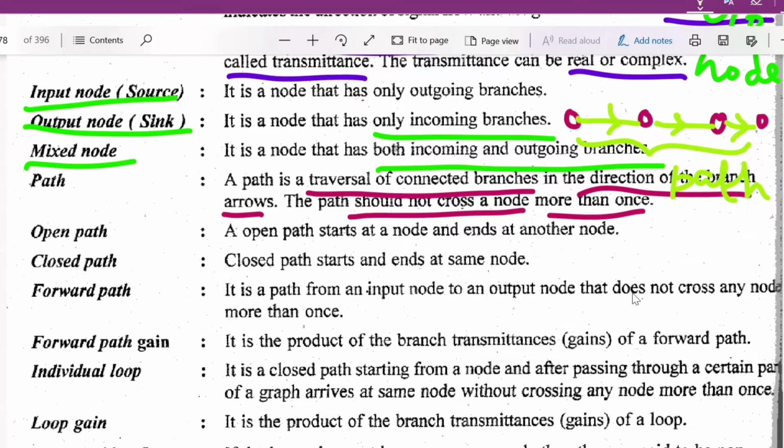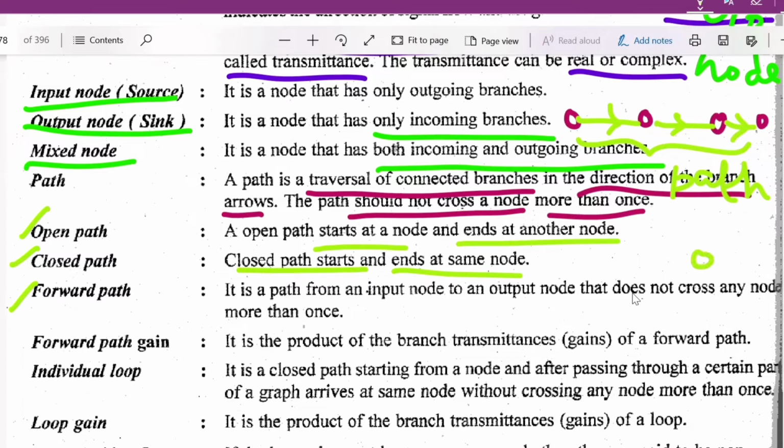Then we have various kinds of path: open path, closed path and forward path. See, an open path starts at one node and ends at another node. A closed path starts and ends at the same node.